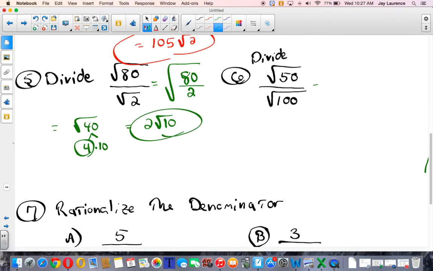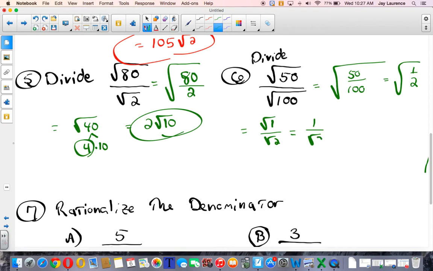All right, over here I'm going to have the rad of 50 over 100, which is the same as the rad of 1/2, which is the same as the rad of 1 over the rad of 2, which is the same as 1 over rad 2. All right, some of you could have gone right to that, but I never leave a rad in my denominator.